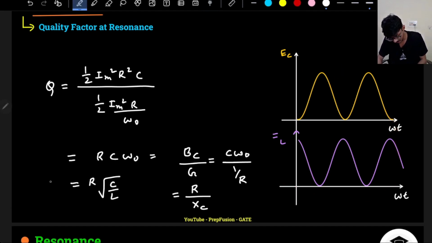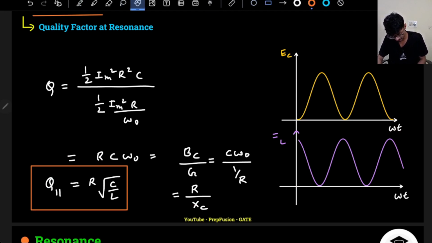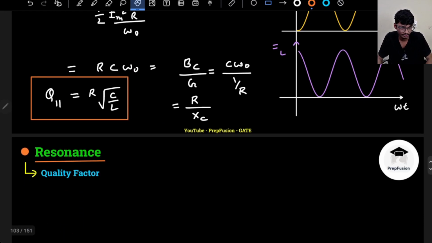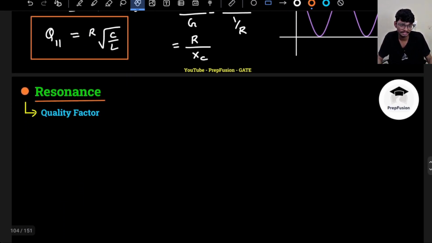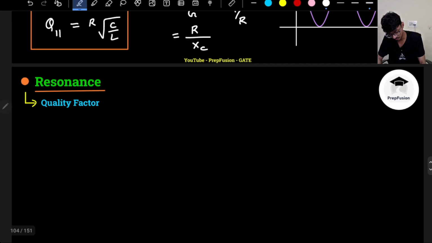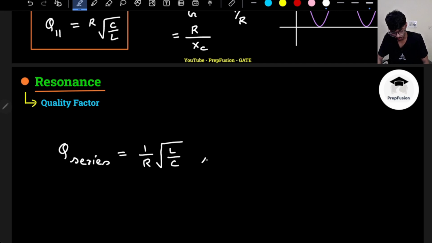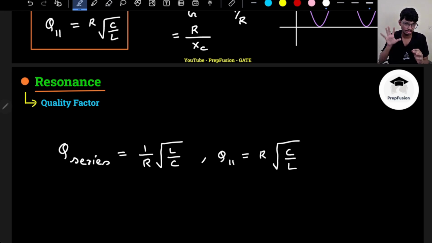This is a very important result for the quality factor of a parallel circuit. If you remember, the quality factor of a series circuit is 1 by R under root L by C. The quality factor of a parallel circuit equals R under root C by L. So basically they are inverses of each other, right?